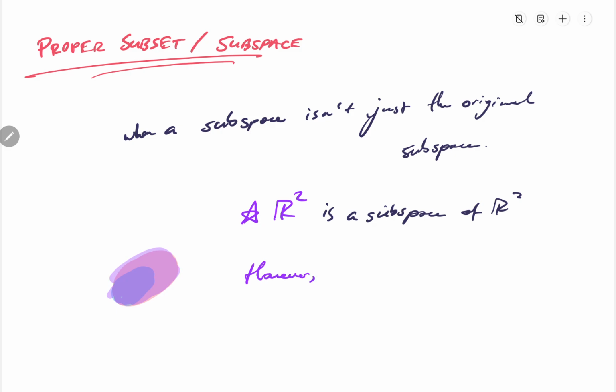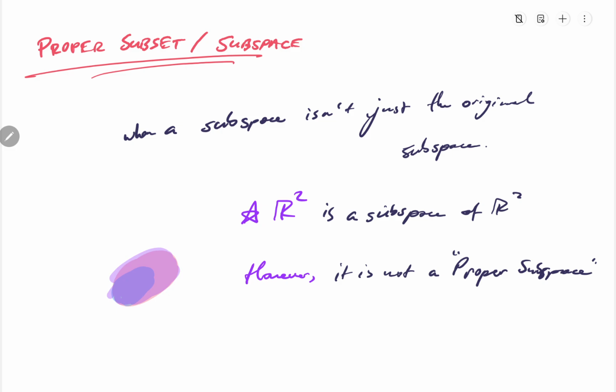However, it is not a proper subspace. So that's just a random definition we have there.